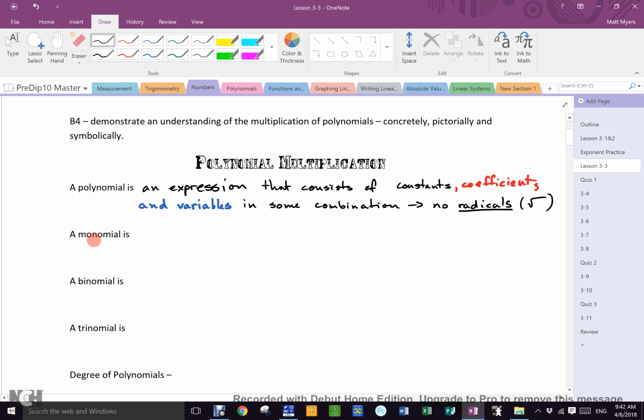A monomial is any single combination, I'm going to write combo because I'm lazy, of constants, coefficients, and I'm making you write the word 3 times, again, because I use the words all the time.